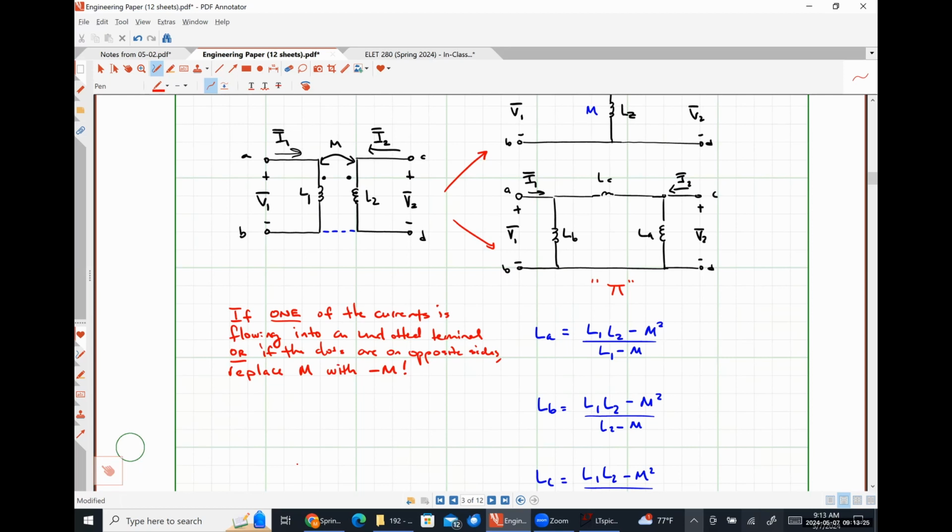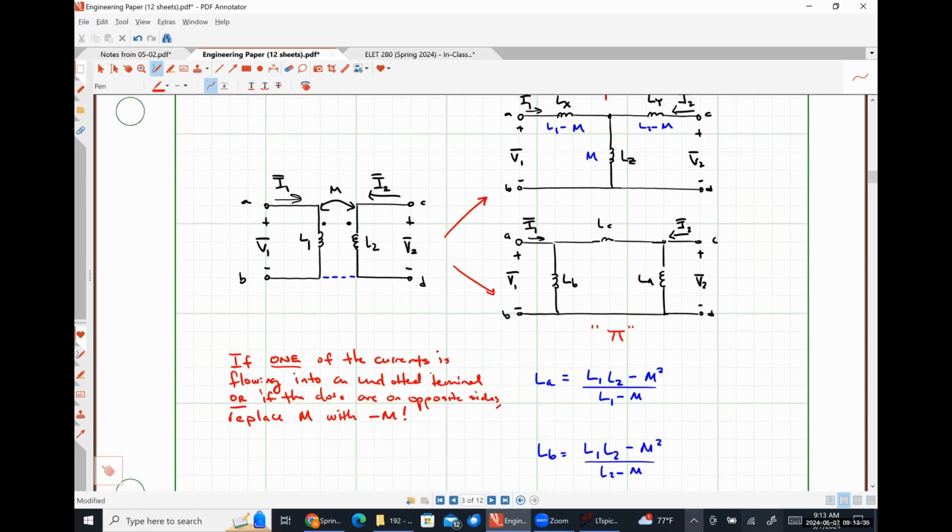Effectively, if I change the direction of one of the currents, or I put the dots on opposite sides, everywhere you see M, replace it with negative M. So let's put that into practice.